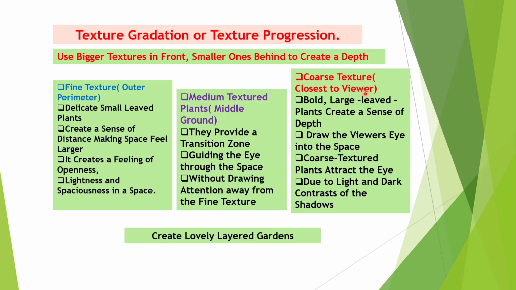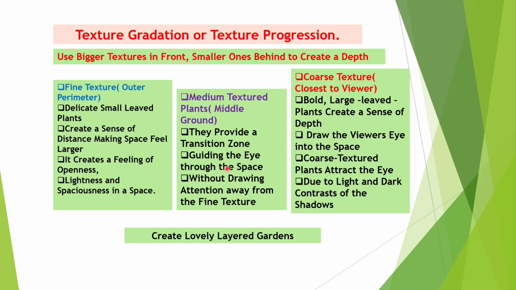And then in the middle, you put medium plants that will guide the eye. Your eye is focused here because of more visual weight, but it makes your eye pass through; this will guide the eye.